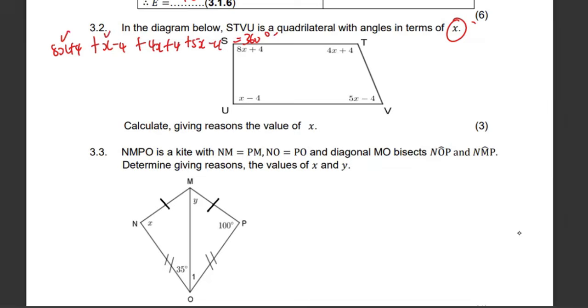So 8x plus x is 9x, 13x, 18x. This 4 cancels that, this 4 cancels that. So 18x is equal to 360. Divide by 18 on both sides, meaning that x should be 20 degrees.